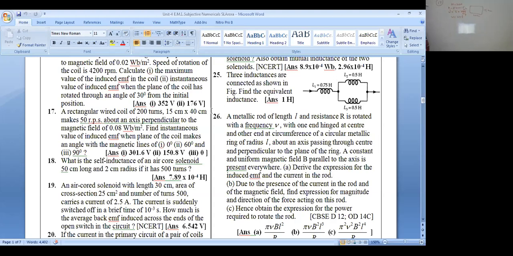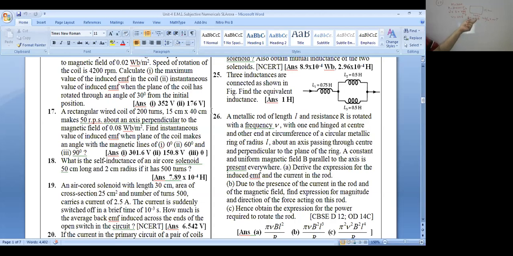Find the instantaneous value of EMF when the plane of the coil makes an angle of 0 degree, 60 degree, 90 degree with the magnetic lines. The magnetic field is given here as 0.08 Weber per meter square. This is called Tesla.